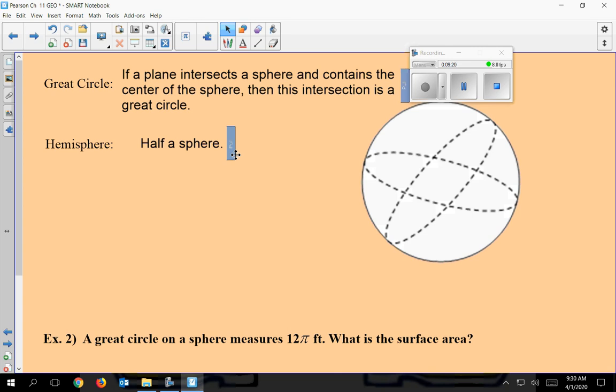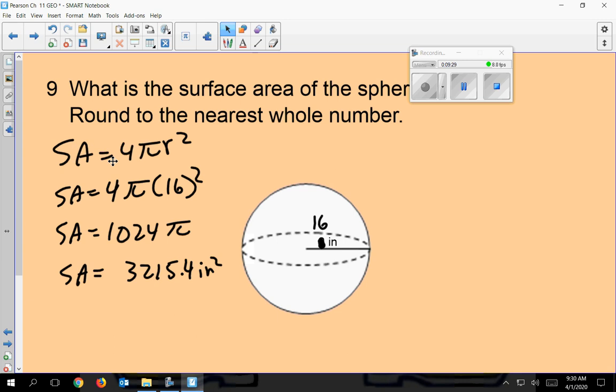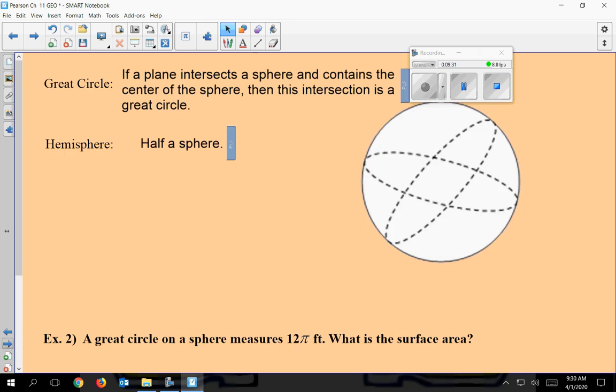So it's just like an equator, and it splits it in half. So a hemisphere is half of a circle or half of a ball, okay? So it's like we have the northern and southern hemispheres here on Earth, okay?